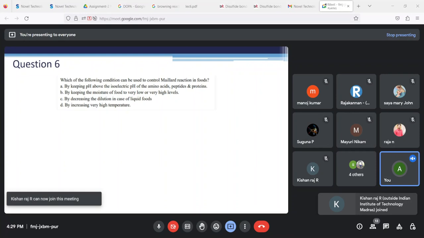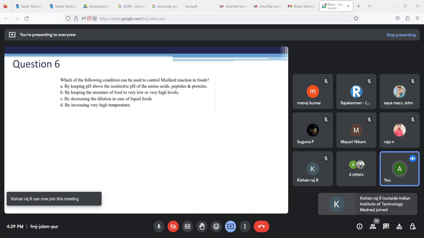When you have a lot of H plus ions in the solution, what happens to the amino acid? So when you maintain a pH below the pI, where there are a lot of H plus ions in the solution, the H plus ions will be taken up by both the amino group as well as the carboxyl group.